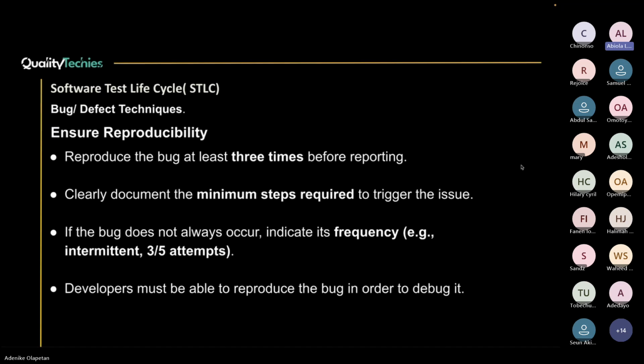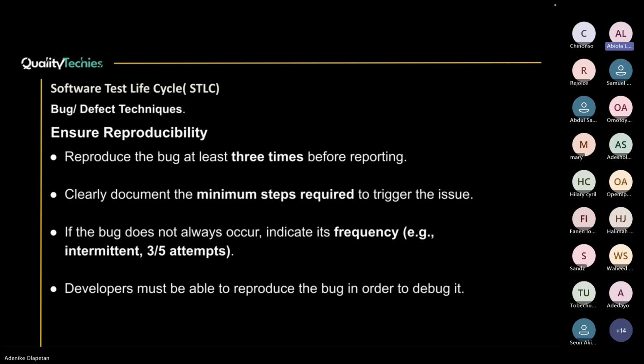So, ensuring reproducibility. Reproduce the bug at least 3 times before reporting. Sometimes when we are testing, because you want to quickly find defects and send them to the developer, we need to calm down and take our time to reconfirm that this is actually a defect.